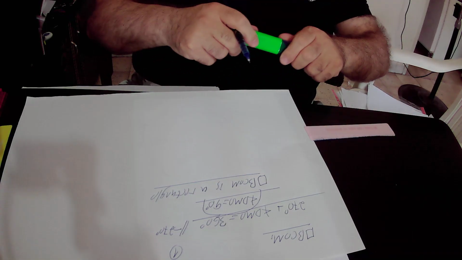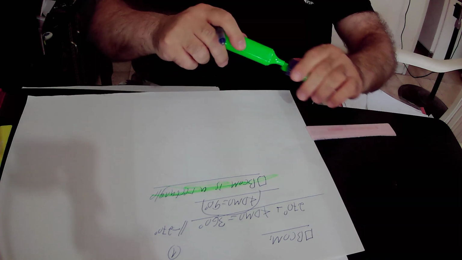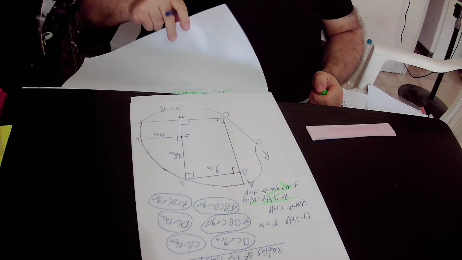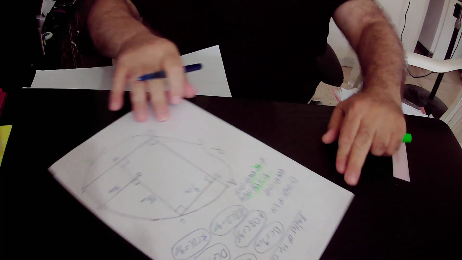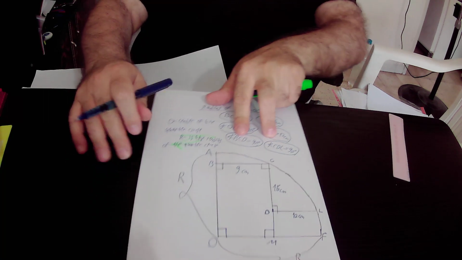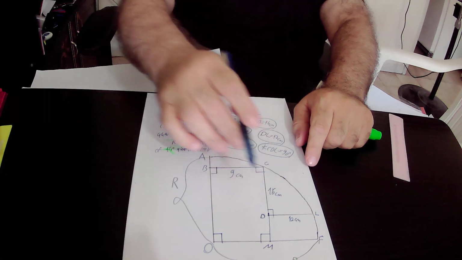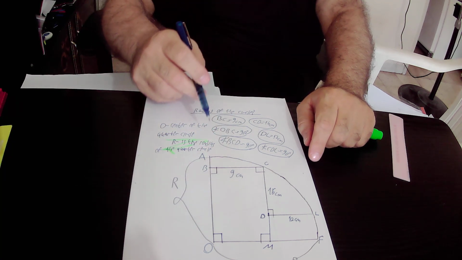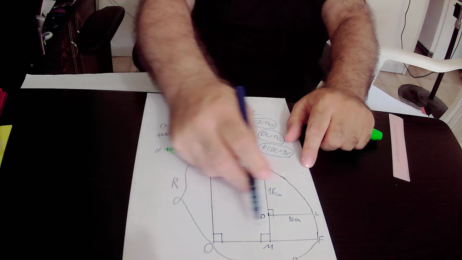Quadrilateral BCOM is a rectangle because it has four right angles. And we also know that the opposite sides of a rectangle are equal to each other. That is to say, according to this rule, side BC must be equal to side OM.